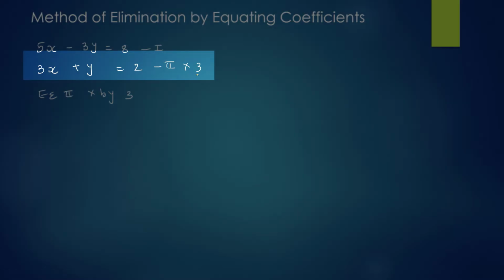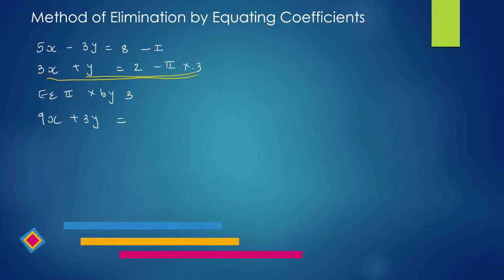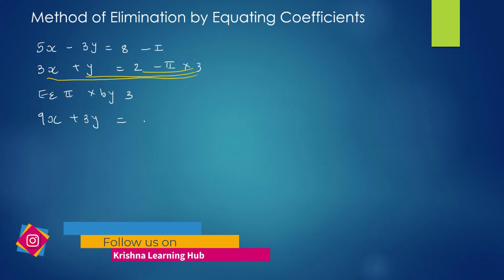So 3 3s are 9x, 3 into y will be 3y, and last 3 2s are 6. This will be your third equation.